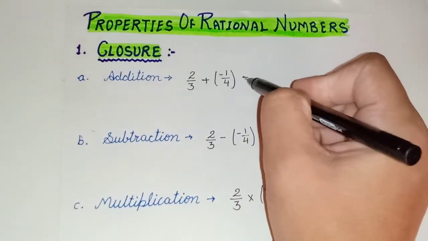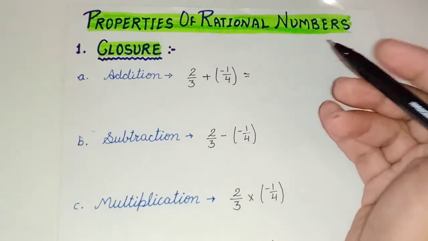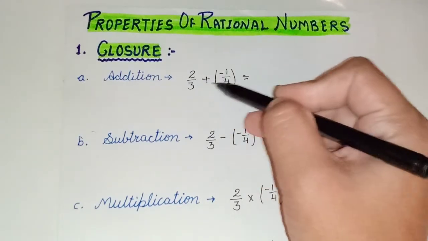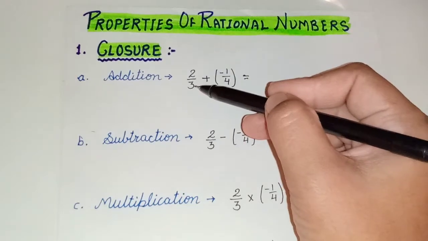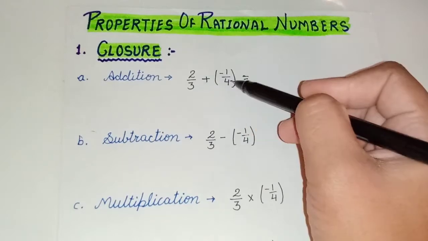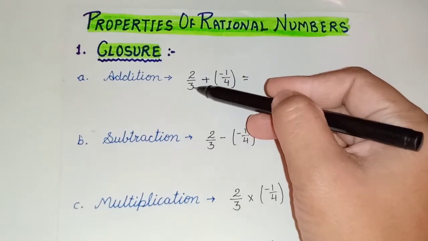When we add them, I told you whenever we add numbers given in the form of fractions, first we need to make them like. That means their denominators should be the same. But here they are different. So we will take the LCM. LCM of 3 and 4 will be 12. That means we have to make both denominators 12. So to make this 3 into 12, we need to multiply it by 4.